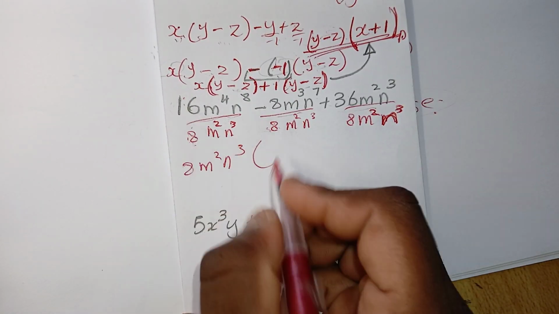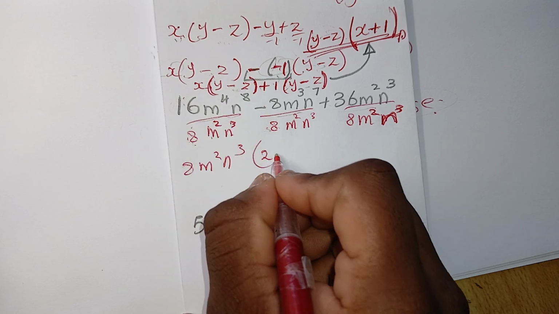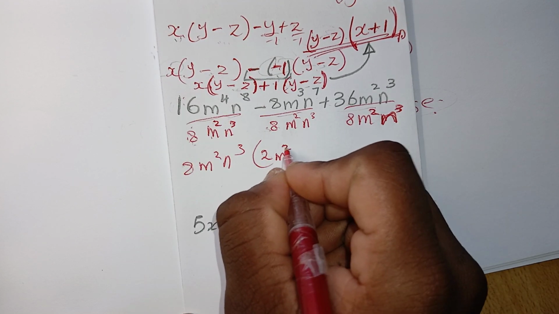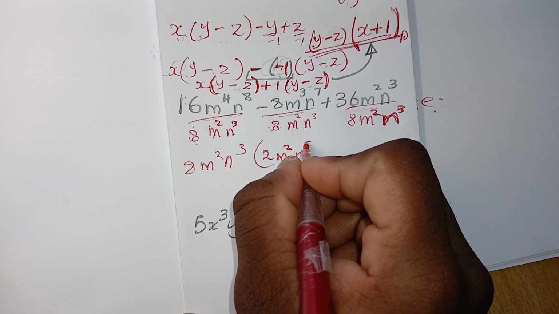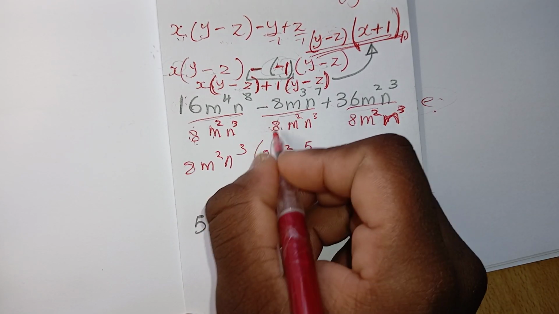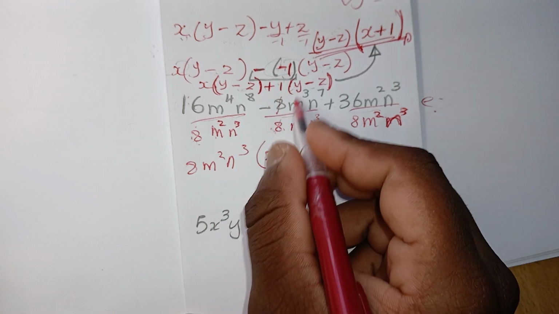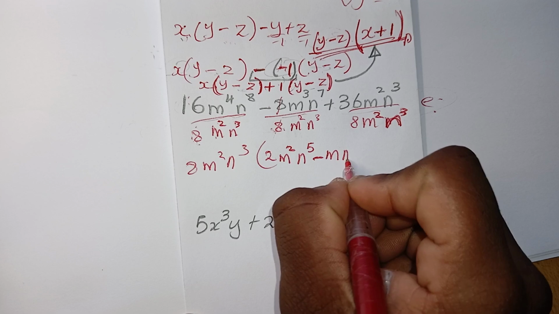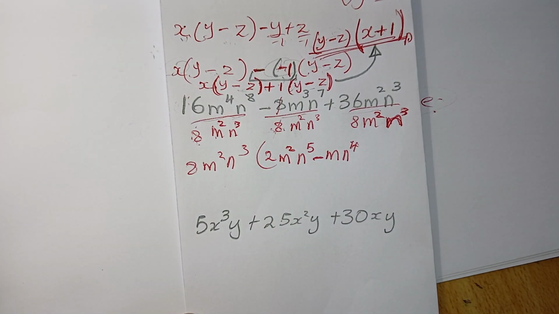So when I divide there, I'm left with 2. Divide this thing, it's m. The whole minus exponent, it will be 2. The whole minus exponent, it will be what? 5. Yeah. So when I divide there, it will be minus, they will cancel. So the exponent will minus there, it will be just m invisible 1 and n 4. Do you see?